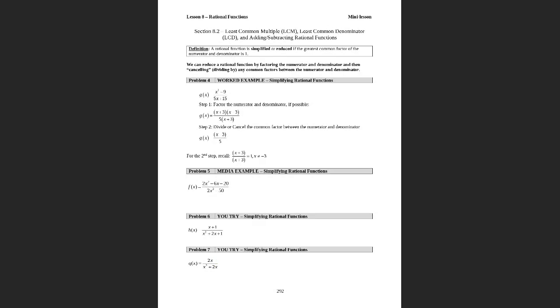Now let's look at problem 7. With problem 7, we've got 2x at the top over x squared plus 2x. So I'm bringing x out. I have x plus what? 2, right?